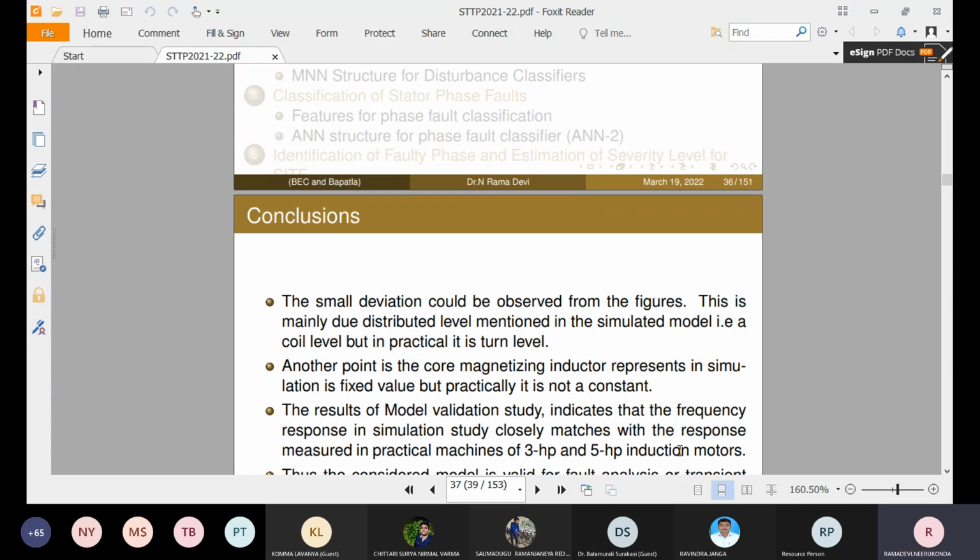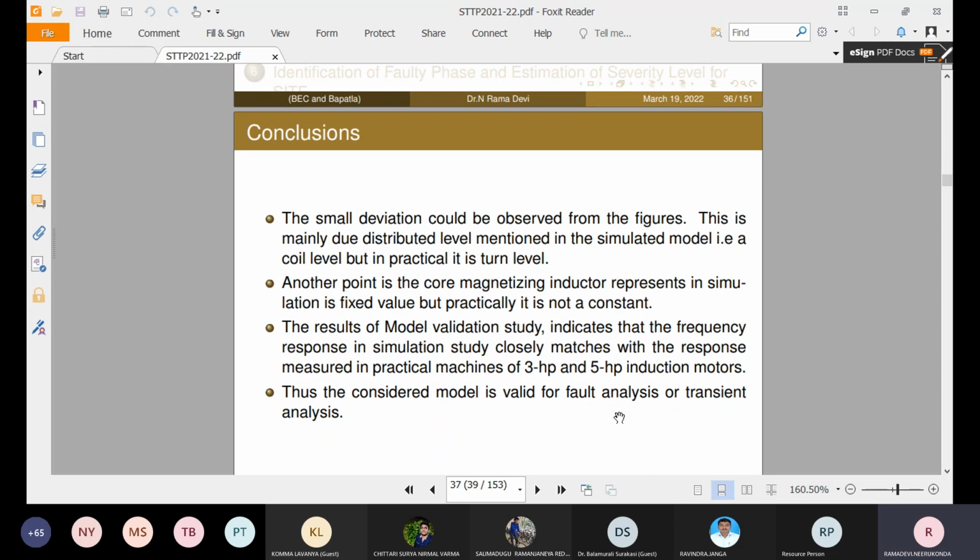Because of that, we get a slight deviation in the simulated values compared with practical results. Another point is the core magnetizing inductance is constant in the simulation model, but practically it is not constant.